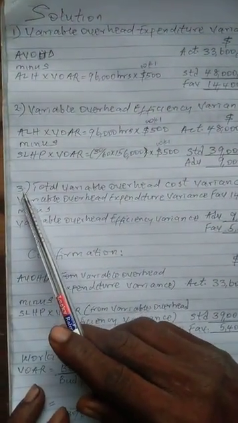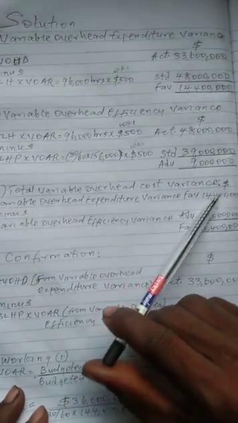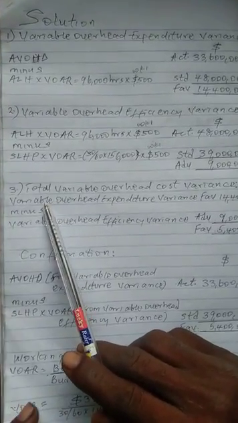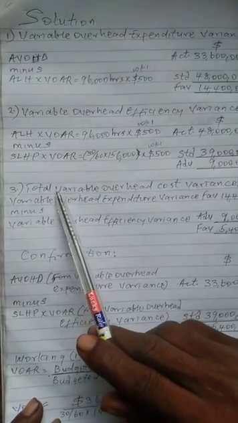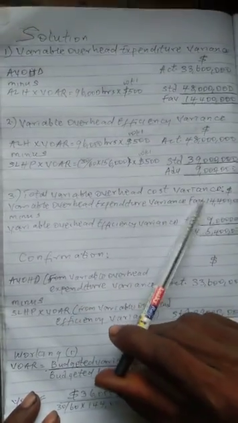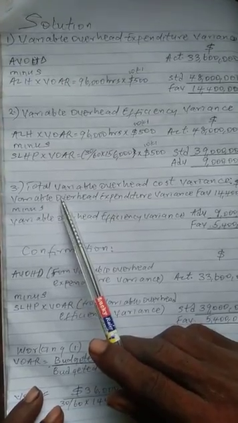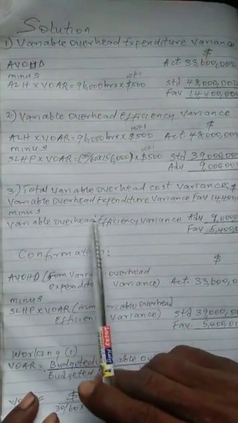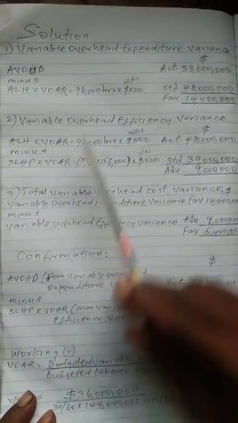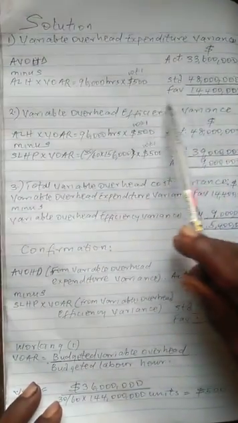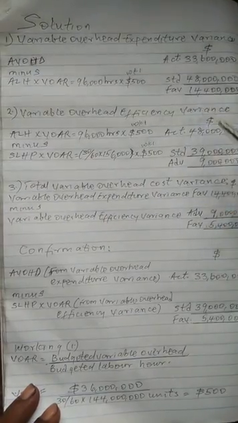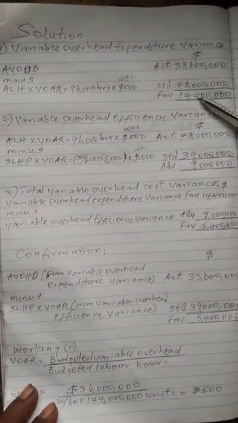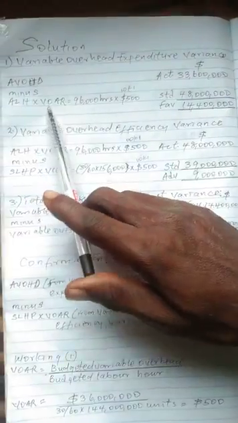So next one is total variable overhead cost variance. And as I said in the tips, for you to get the total variable overhead cost variance, you take the variable overhead expenditure variance minus variable overhead efficiency variance. Variable overhead expenditure variance, the answer, look at it. 14,400,000.